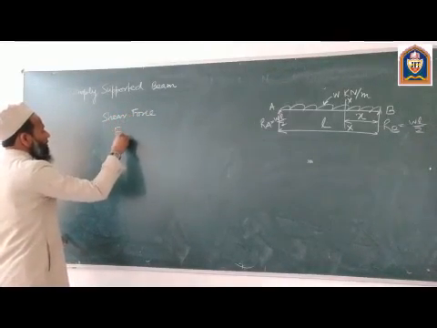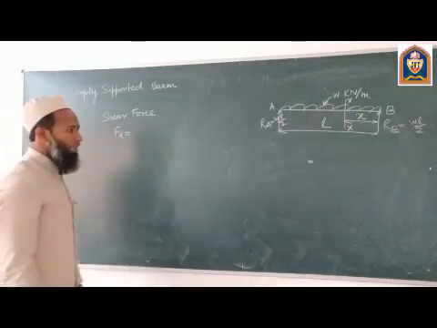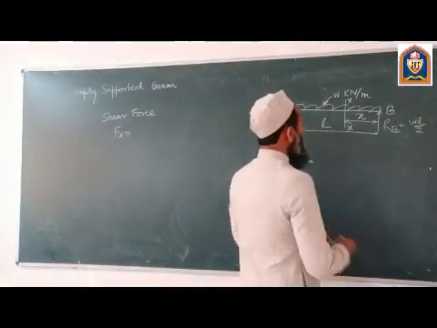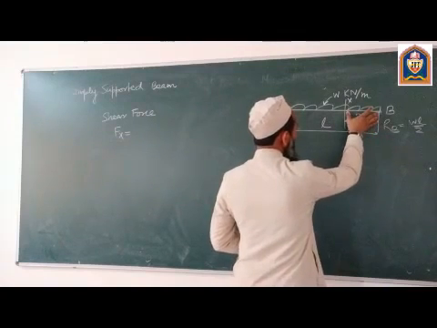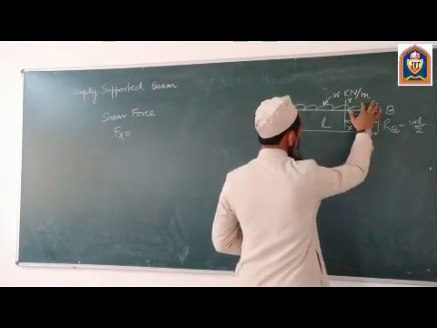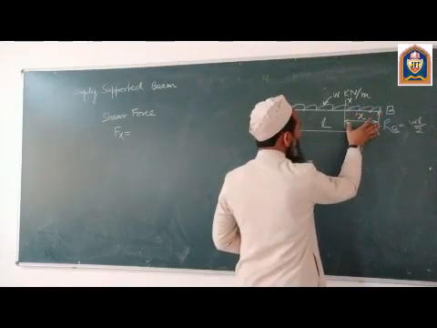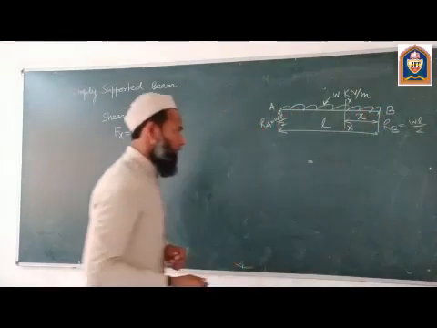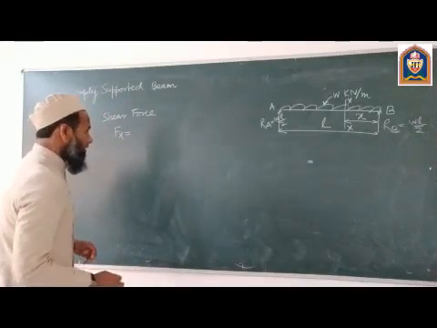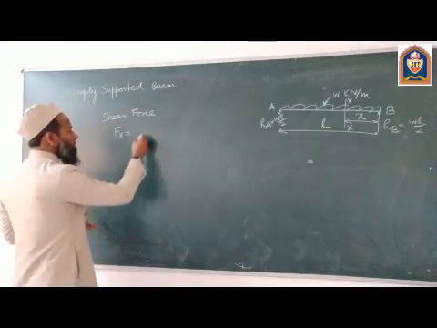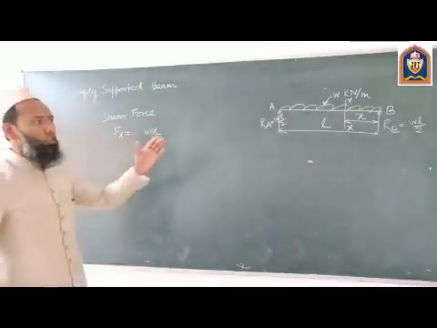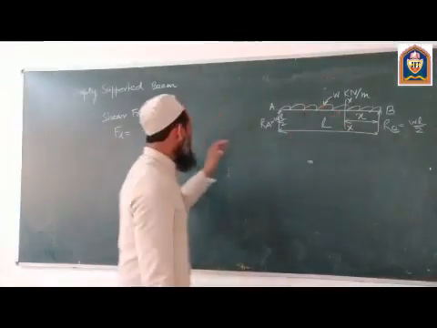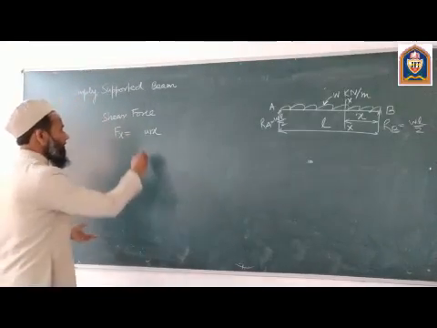So Fx is equal to, on the right side of this section, the force is uniformly distributed load, and this is W kilonewton per meter. It is distributed over a length of x. So the total force is W into x, and this force is going down, so it will be taken as positive.